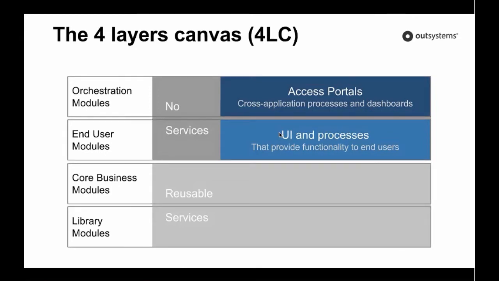Let me start with the end user modules because it's easier to understand. The end user modules are everything that is going to support user interaction. We will support all the UI to provide functionality to end users. The orchestration modules are basically top modules that will orchestrate several applications. For instance, an access portal where you have a single entry point and then you can interact with several applications.